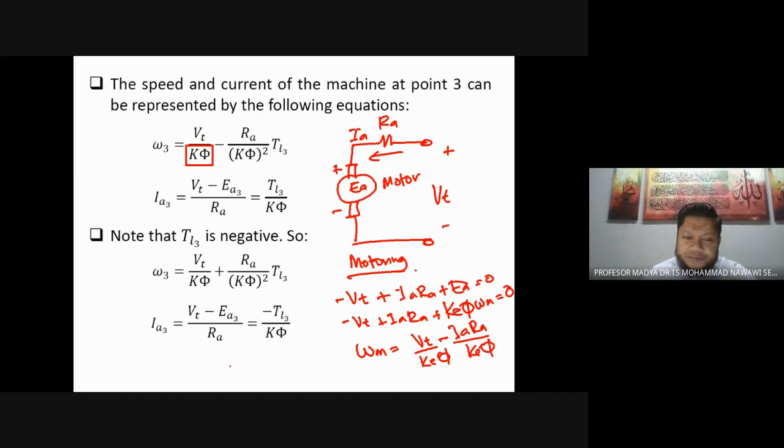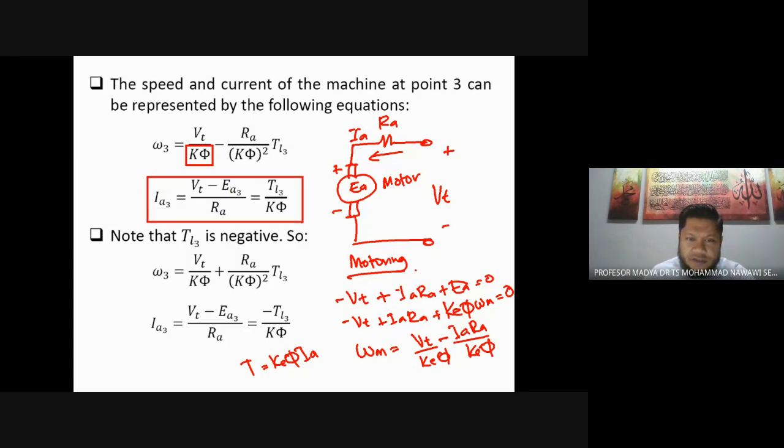And we know that torque equals K flux IA. So you can replace that and it becomes VT. Now this equation, it's correct, isn't it?